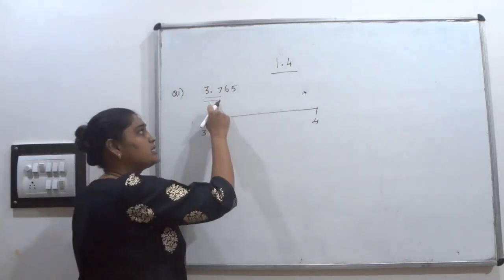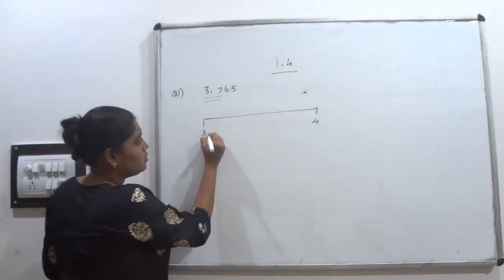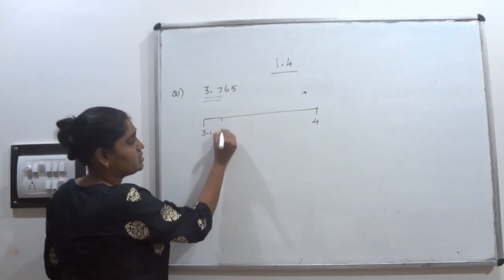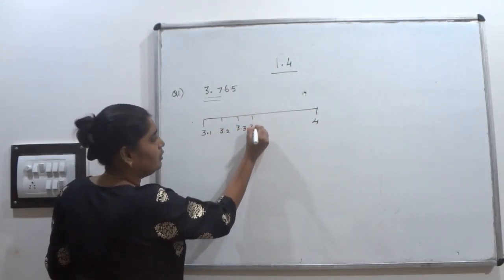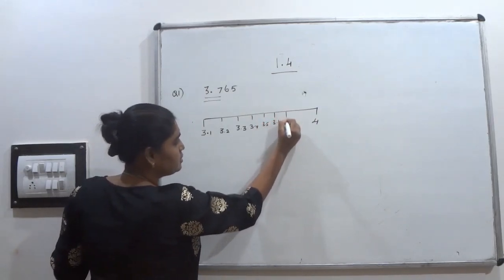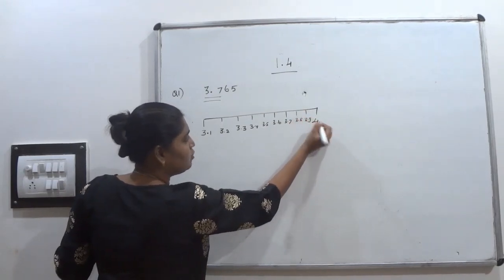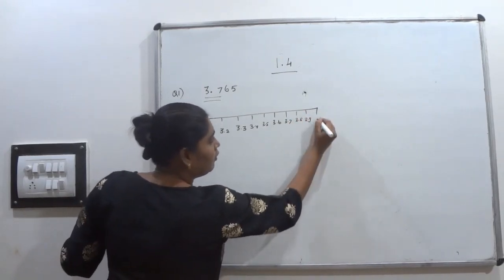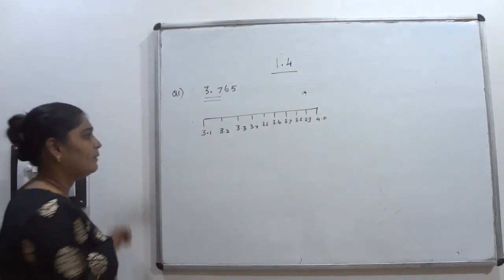So this is 3.1, this is 3.2, this is 3.3, 3.4, 3.5, this is 3.6, this is 3.7, this is 3.8, this is 3.9, and this is 4.0. Okay.